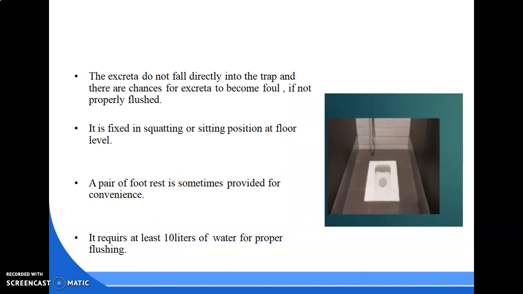The excreta do not fall directly into the trap, and thereby there are chances for the excreta to become foul if not properly flushed. It is fixed in a squatting or sitting position at floor level as shown in the figure. A pair of foot rests is also sometimes provided for convenience. It requires at least 10 liters of water for proper flushing.